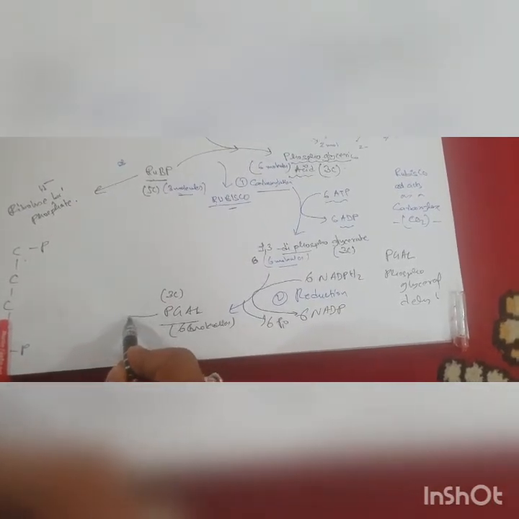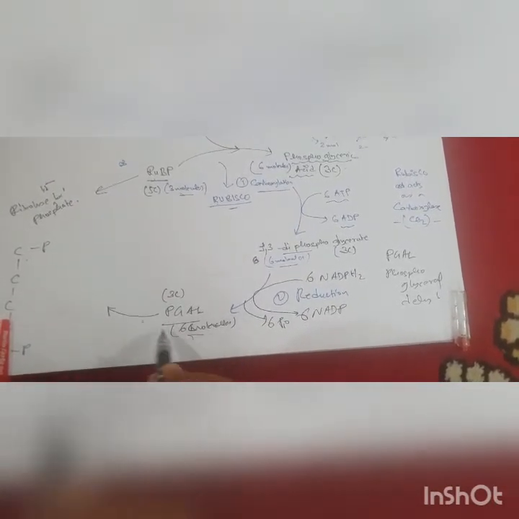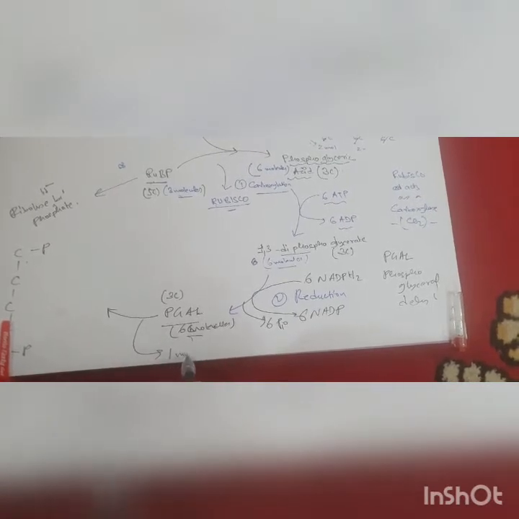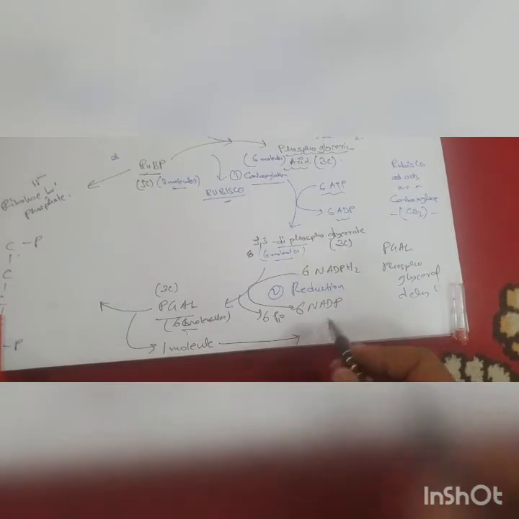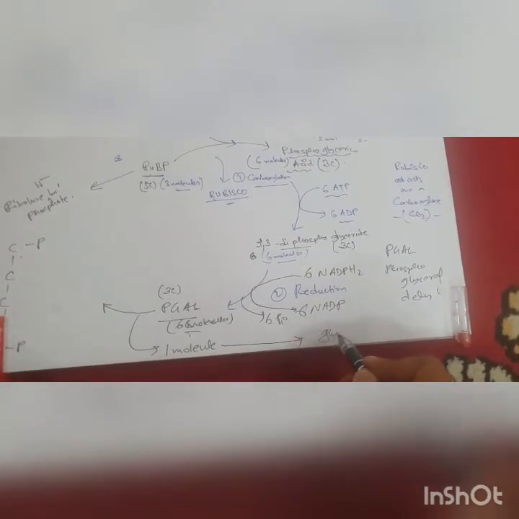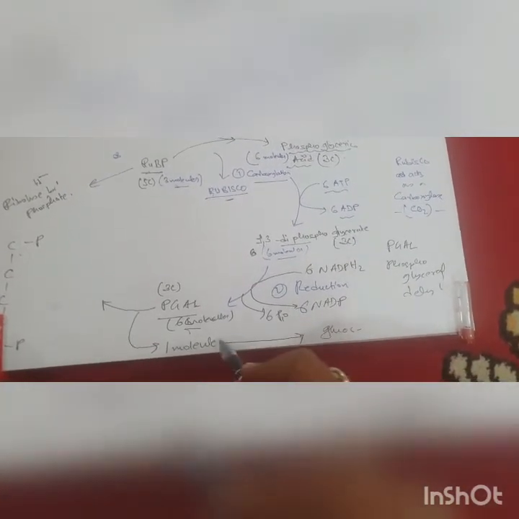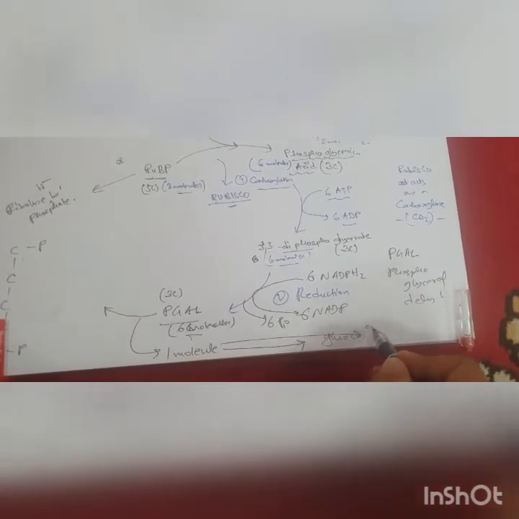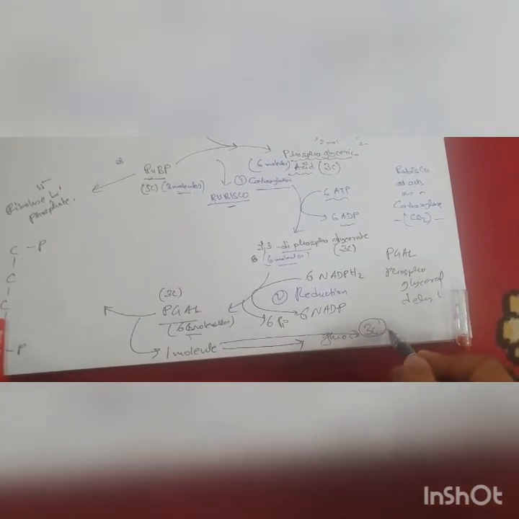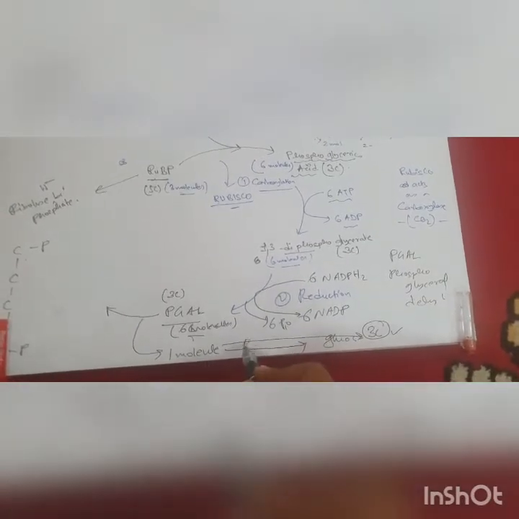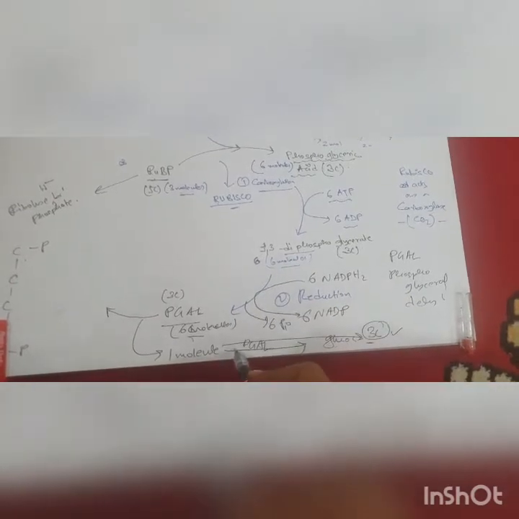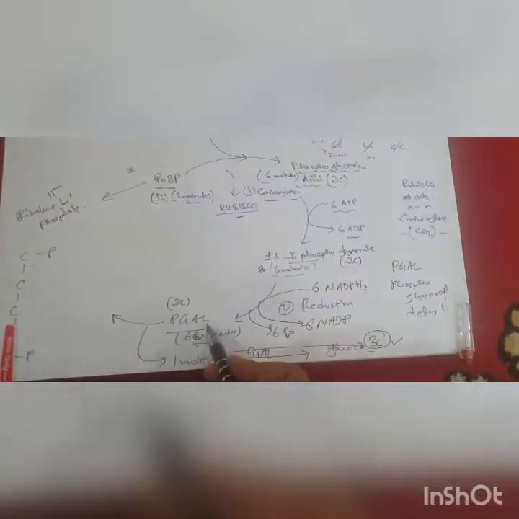And from here, if there are 6 molecules, 1 molecule will go and become glucose. But in 1 molecule there are 3 carbons. So for glucose 3 carbon is already taken. The PGAL, 1 molecule of PGAL, then again this cycle will run just twice.